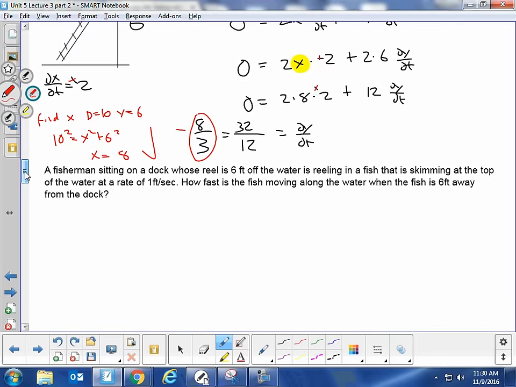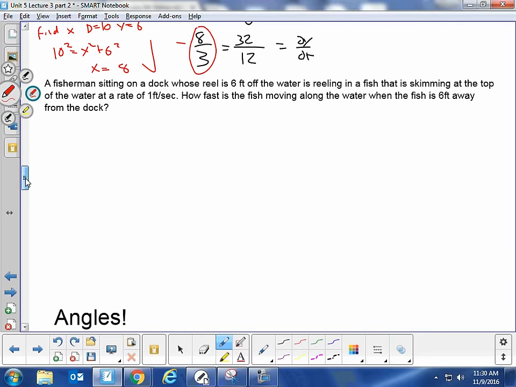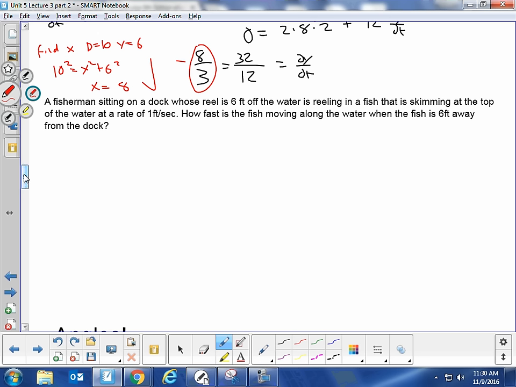Let's move on to this one. So I'm going to draw the picture. We got a fisherman sitting on a dock whose reel is 6 feet off the water.